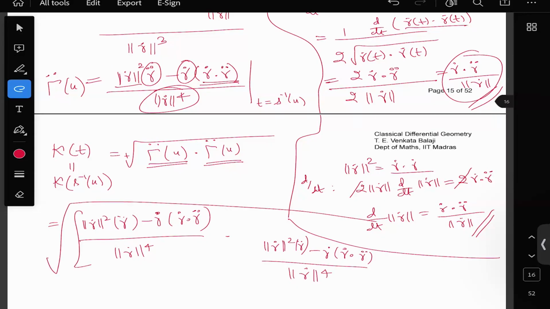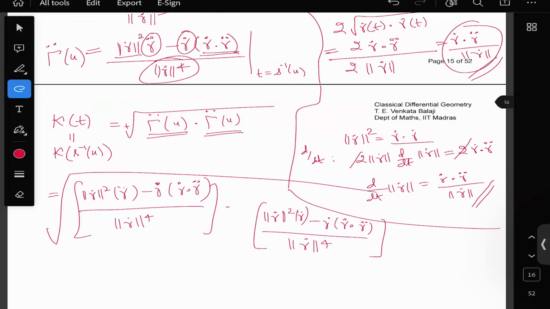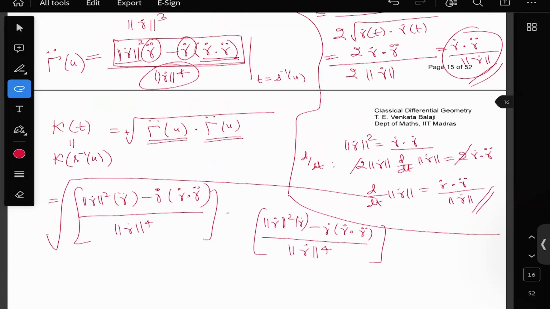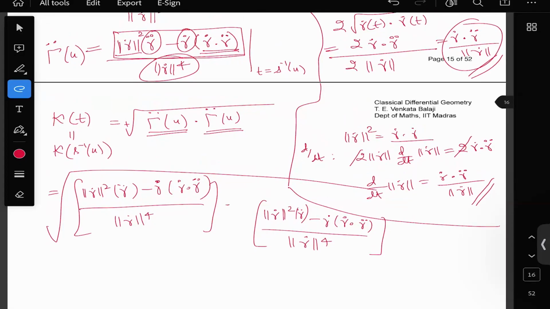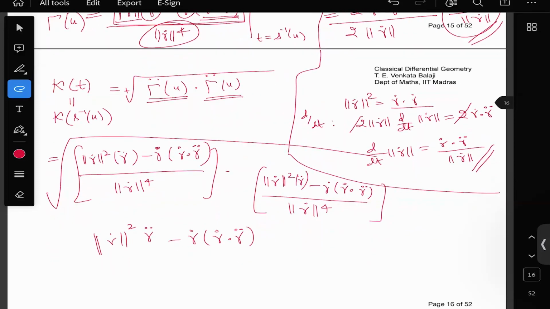You see, I have to take the dot of this with itself, okay, and perhaps, as you would think, it's easier to just expand this and look at it as a cross product of 3 vectors. So look at this term, gamma dot squared gamma double dot minus gamma dot times gamma dot dot gamma double dot, okay. And so what is this?